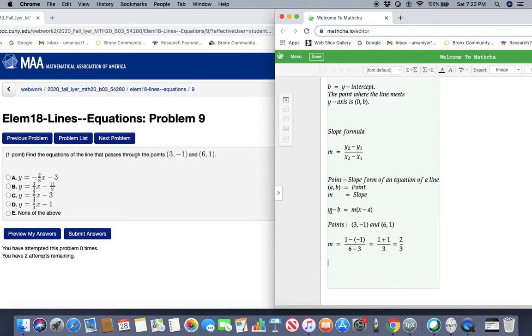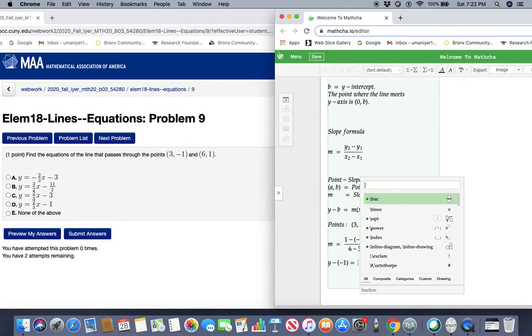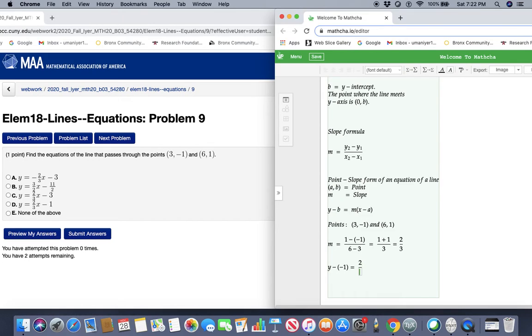Use either one of these points and use the point-slope form. So let's say I'll choose the first point. y minus the y coordinate equals the slope times x minus the x coordinate.